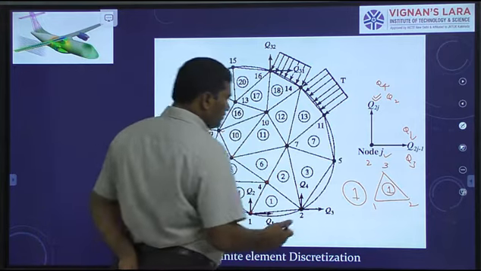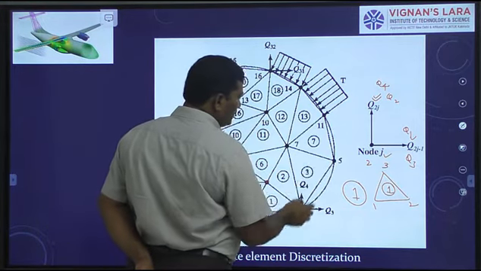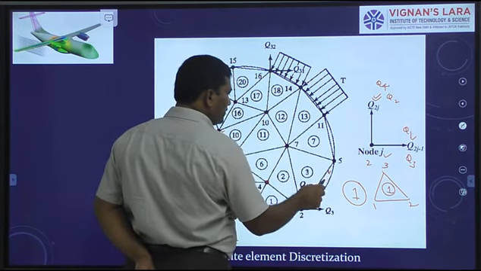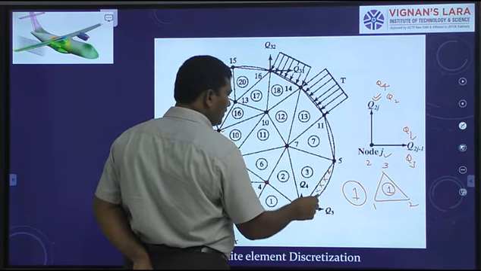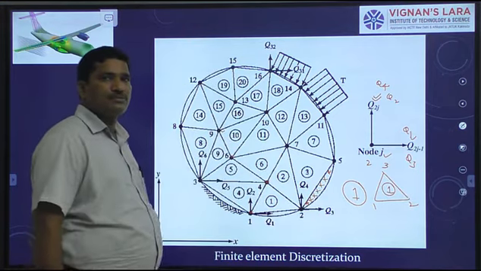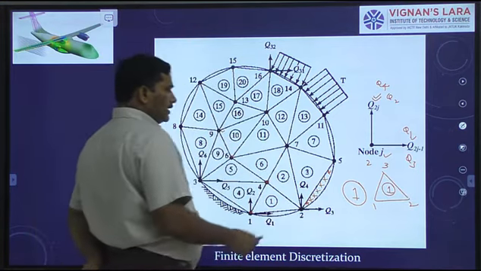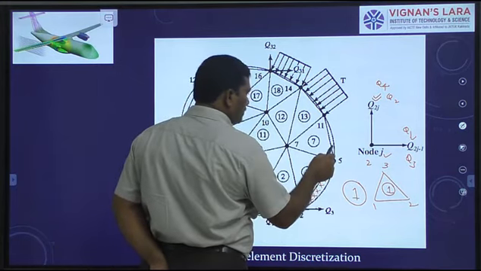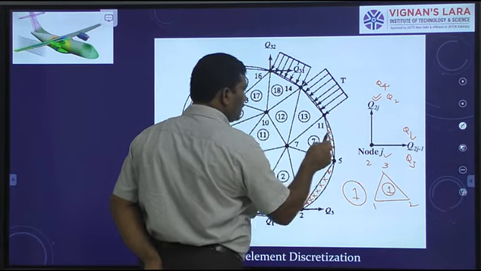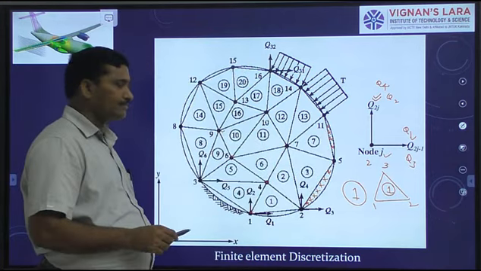Now, if you observe carefully near the boundary, there is some unfilled region between the boundary of the domain and the side of the element. Here also there is some unfilled region between the boundary of the domain and the side of the triangle.